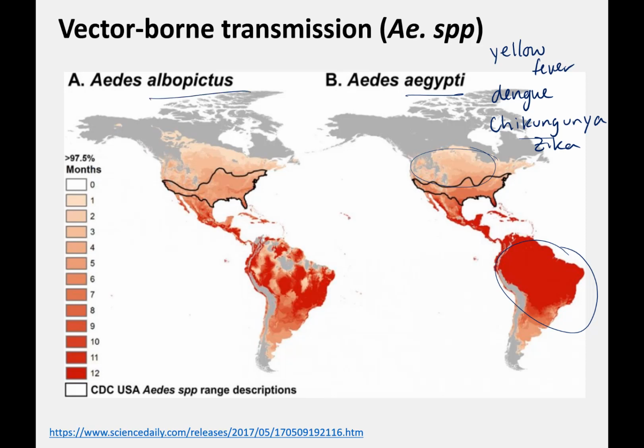Aedes albopictus also can transmit chikungunya, Zika, Filaria, which is not a virus, but in dogs it causes heartworm, in humans it can cause elephantiasis.